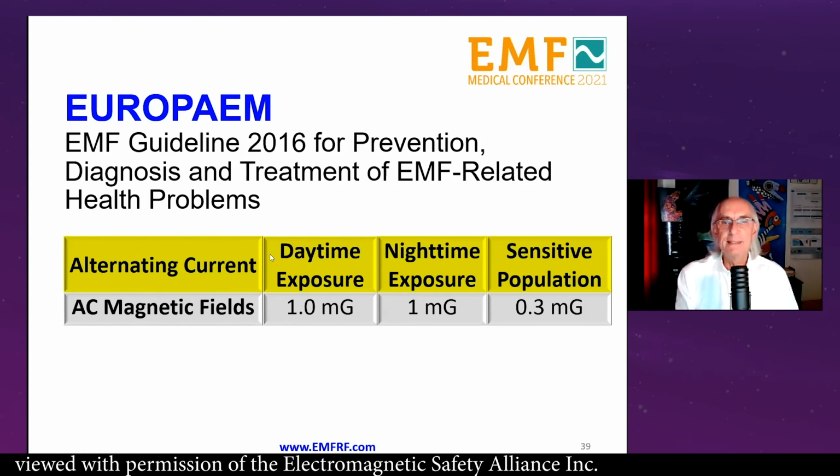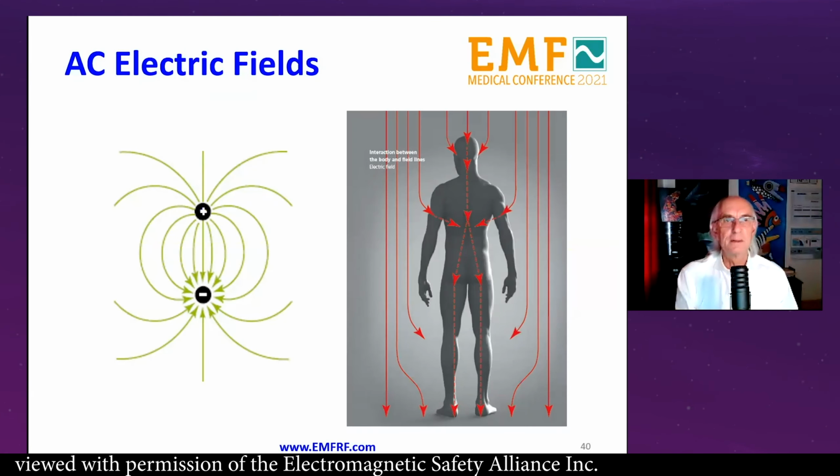We have a daytime exposure category, a nighttime exposure category, and a category for sensitive populations. For example, electromagnetically sensitive individuals may not be able to tolerate what a normal person can tolerate. So that is the setup of the European guidelines, and we will see that one more time when we get to other fields.